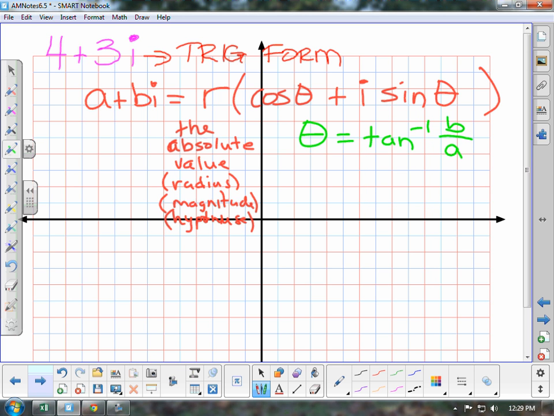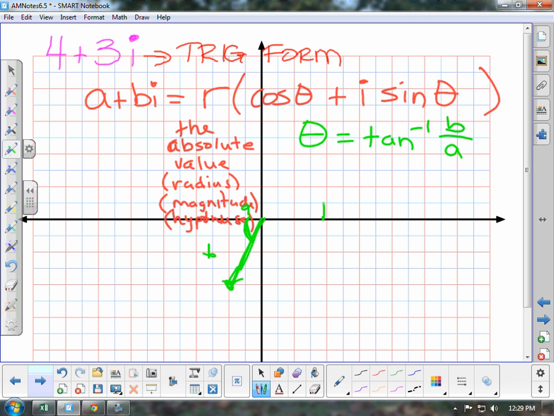And then you have to apply your rules and the knowledge of the circle and where it is and in which quadrant. Because if you're talking about a complex number over here in this quadrant, say right there, and you find that radius, this angle, when you actually calculate inverse tangent of the b over the a, you're going to only find this angle right here.